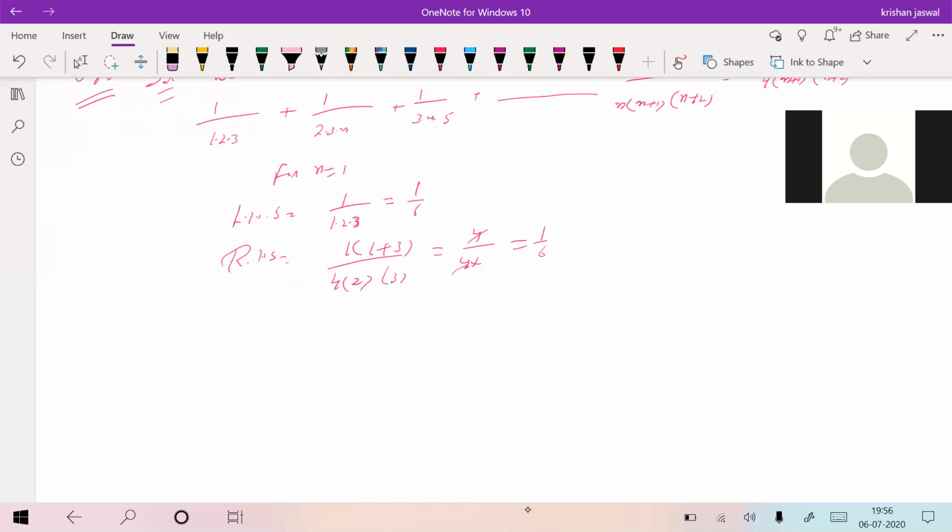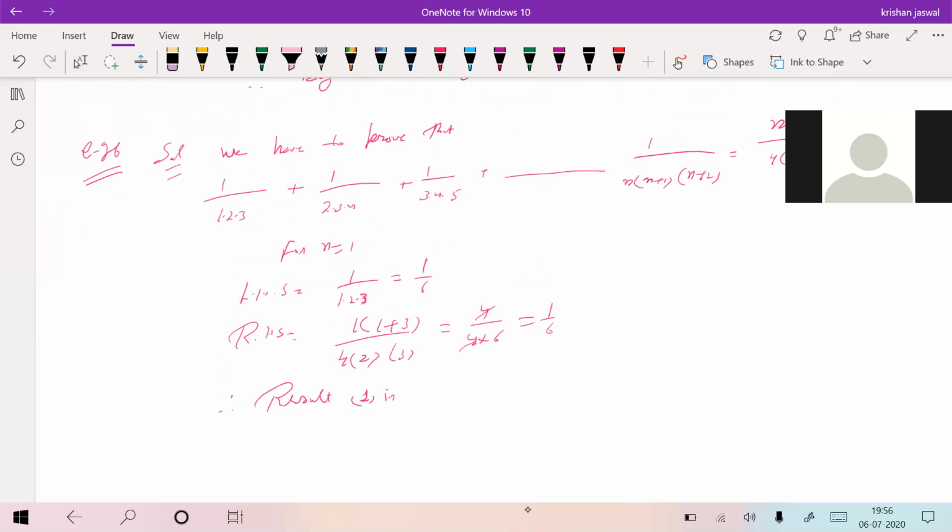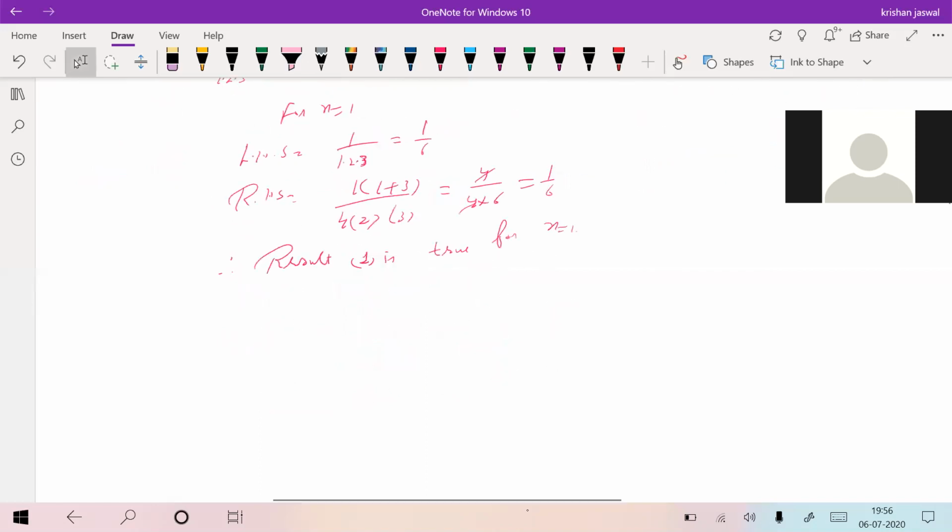So the result is true for n is equal to 1.